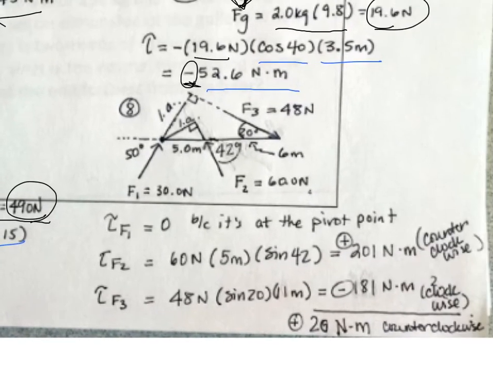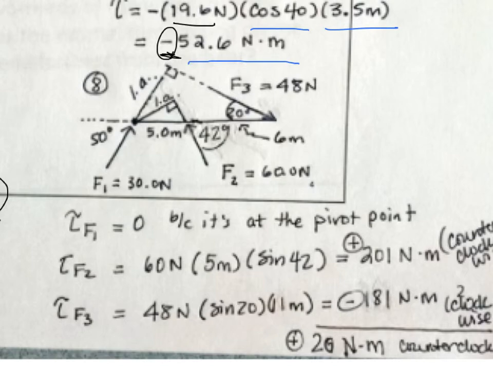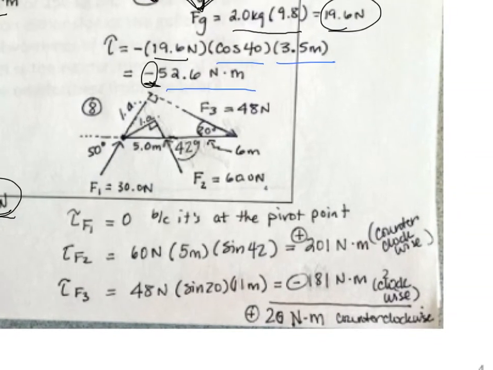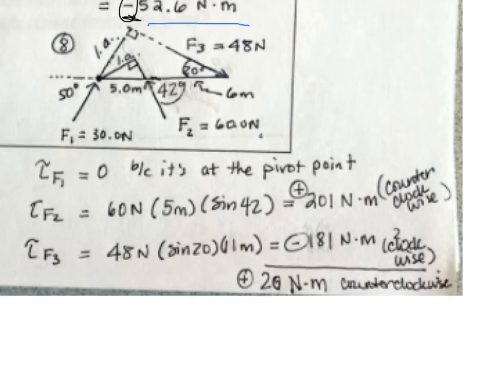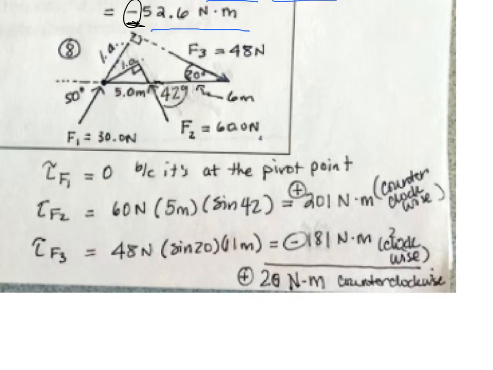The last one is more complicated, so I'm going to expand it as much as I can here and take each one individually. So I have a board, and it looks like this is 11 meters total, 5 meters and then another 6 meters here. I've got force 1 that's applied right at the pivot point.